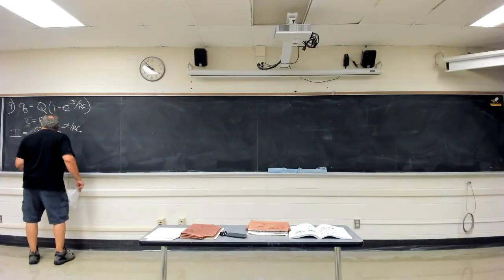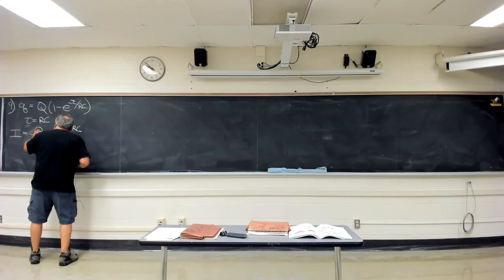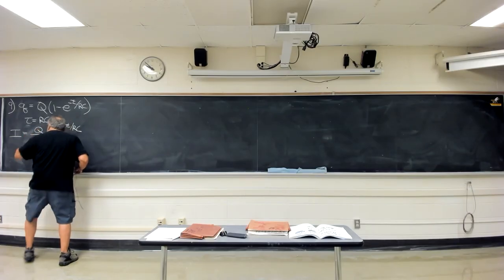Q divided by C. Well, C is Q over electromotive force, voltage, or delta V or E. Q over E. This is Q. Q divided by Q over E. The E goes on top.